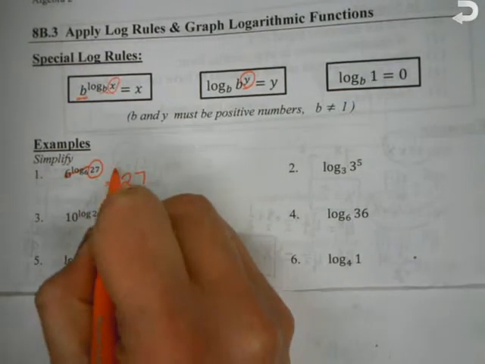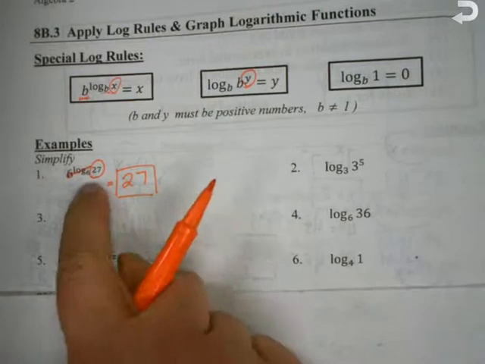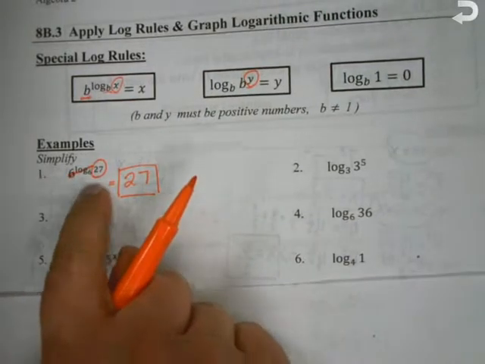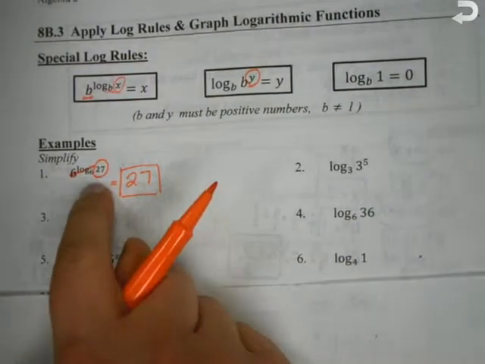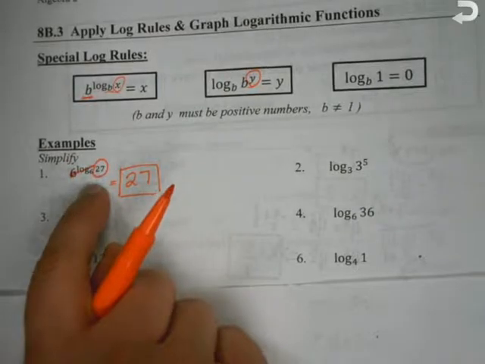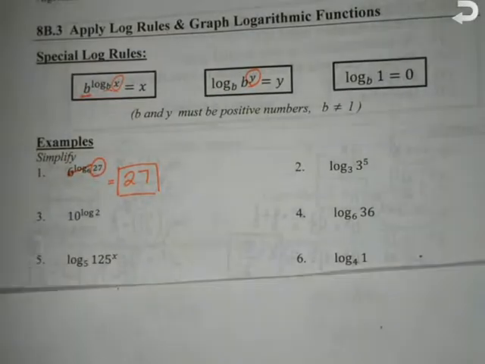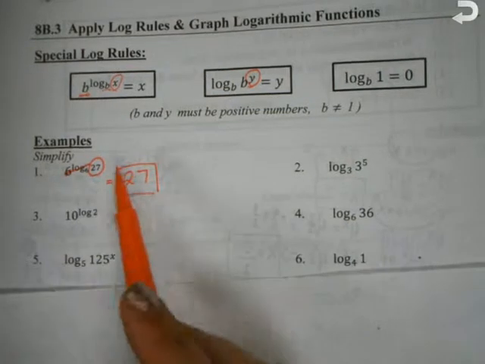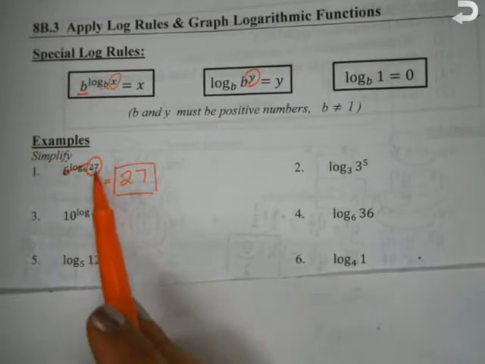This is kind of an easy rule to remember because we don't see it that often. How often have you guys so far seen log in an exponent? Not often, so if you ever see that, your answer is just the number that we're taking the log of.